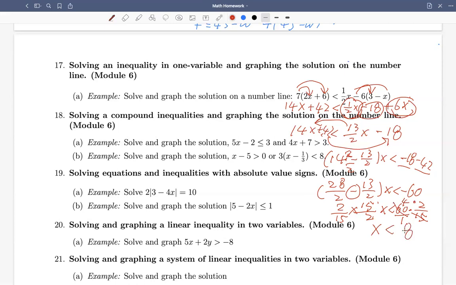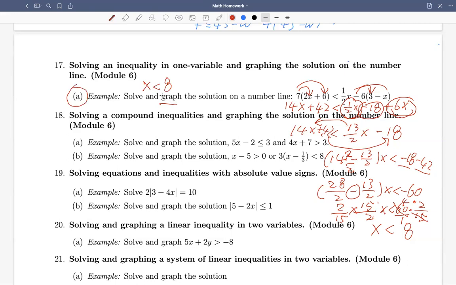So our solution for 17a, I have run a long way, I'm sorry, the answer is x less than 8.